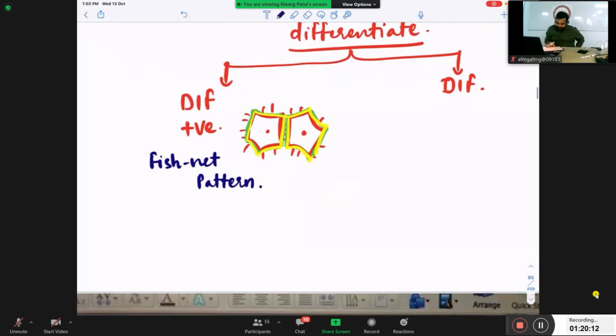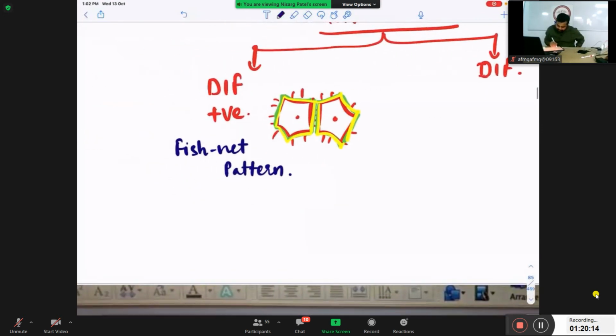So if I get a fishnet pattern, it means in my body there is a desmosome antibody present.